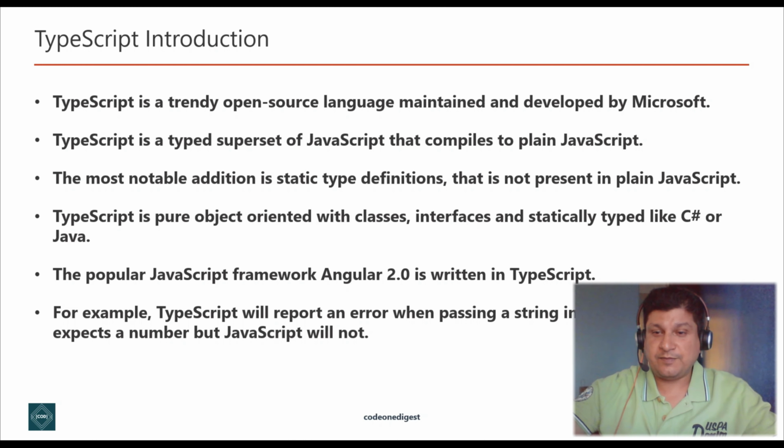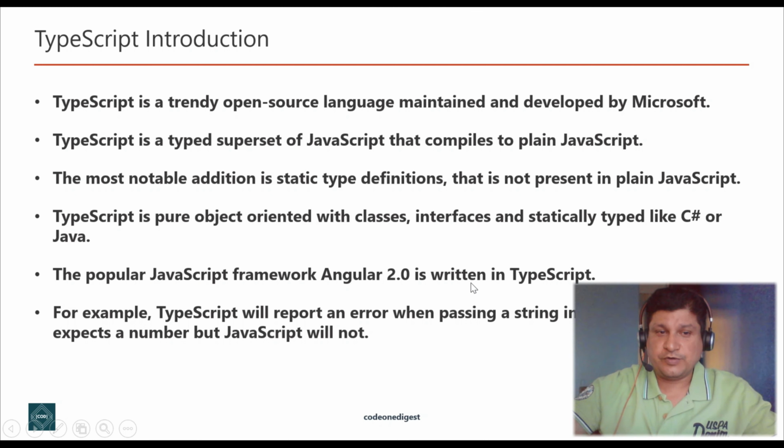So for those who are familiar with and like coding in classes and interfaces, TypeScript will be easy to pick up. The popular JavaScript framework Angular 2.0 is written in TypeScript.